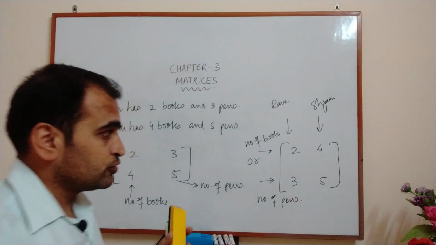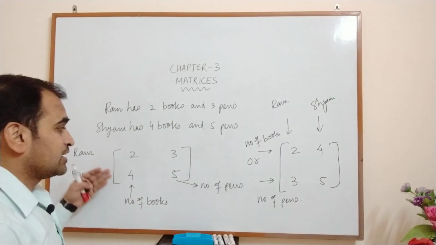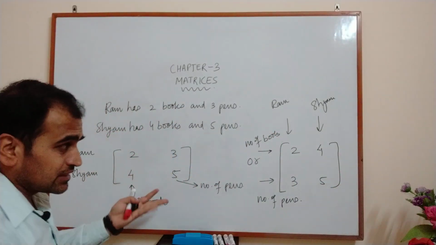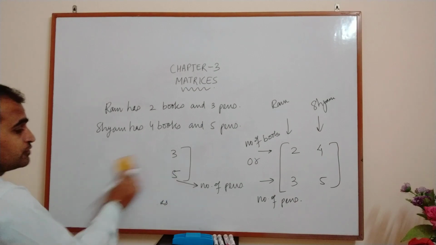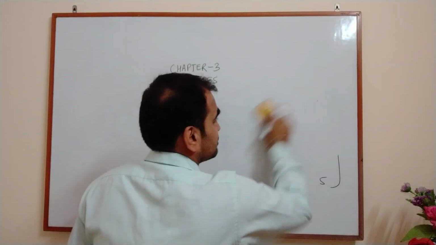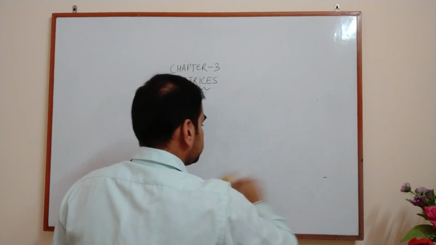Okay, so you can store it both ways, you can store it in this fashion as well as in this way. I think it is clear. So what is a matrix now? If you want to simply define it, matrix is nothing but it is used to store the information.